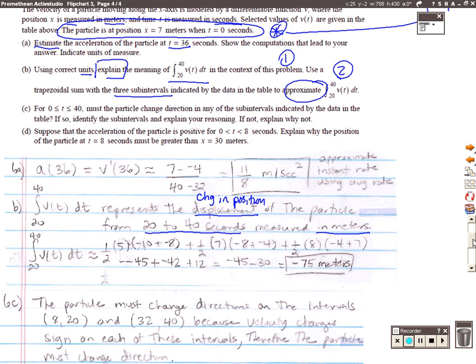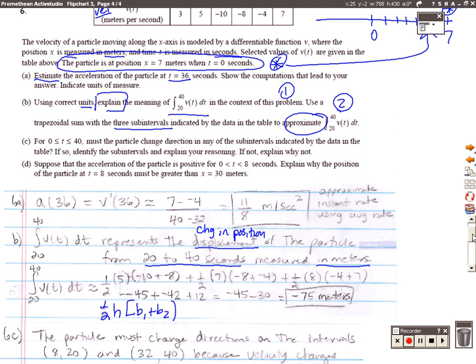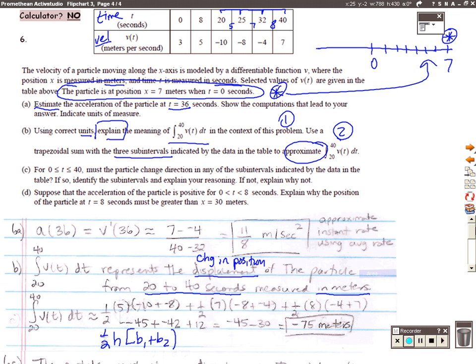Now the area of a trapezoid, very important that you remember, 1/2 of the height multiplied by base 1 plus base 2. So notice I'm doing that for each problem. Let me pull the data back up. Okay, so it's 1/2 of 5, because 5 is the difference between the first 2 t values, and base number 1 is -10, base number 2 is -8, just straight out of the table.